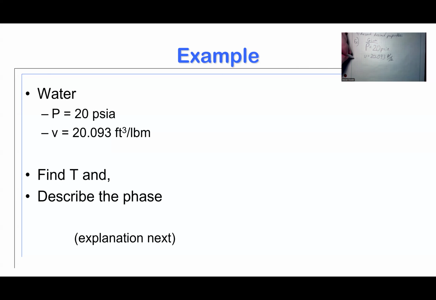And always write down what it is that you're looking for. We want to know the temperature and we want to know the phase. I know that's kind of small to read, but I think I've got the pressure and the volume big enough that we can keep up with it. All right, so the description's coming next.